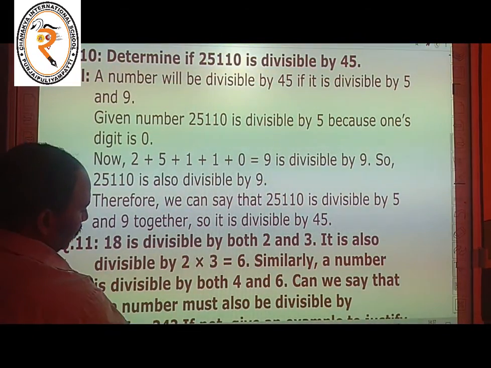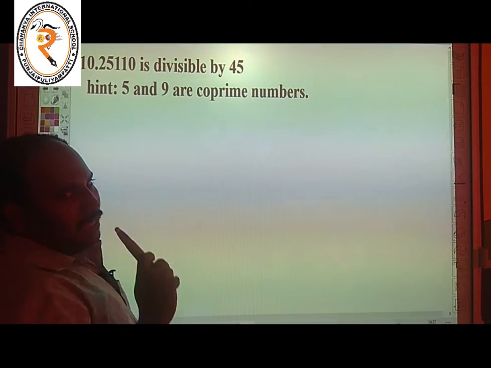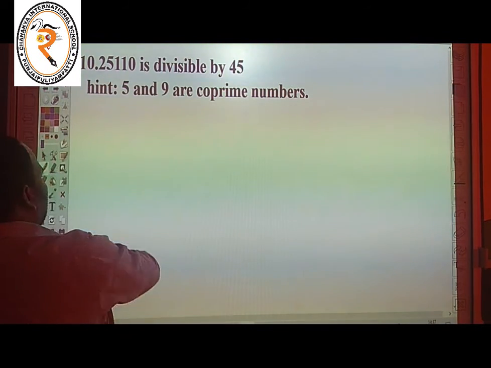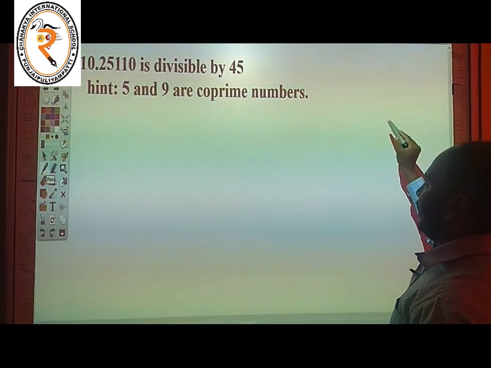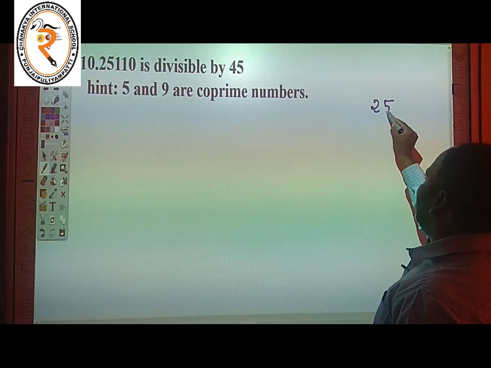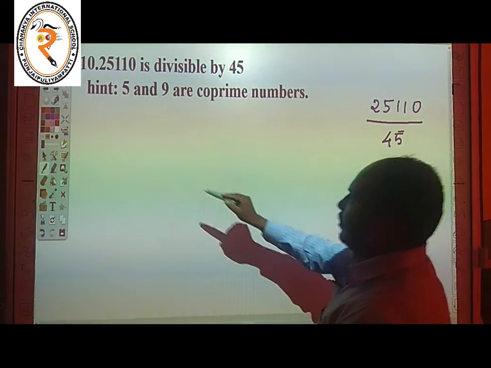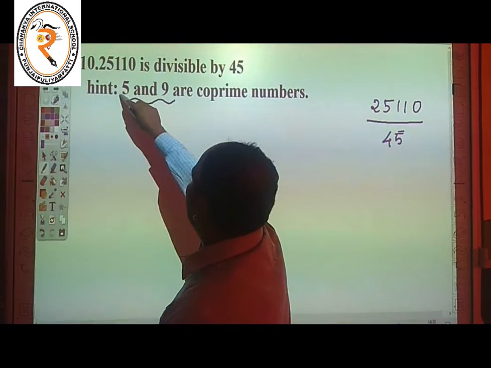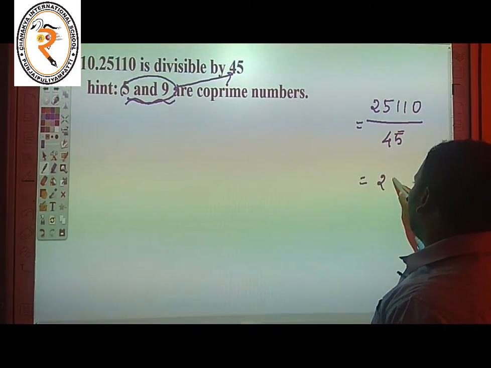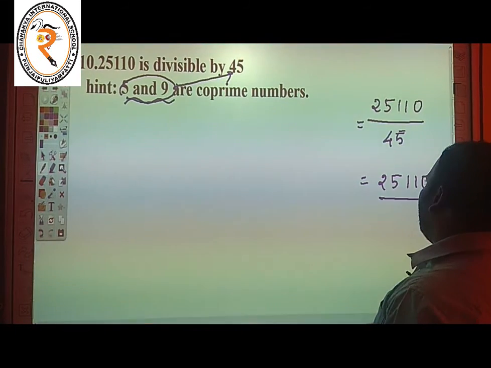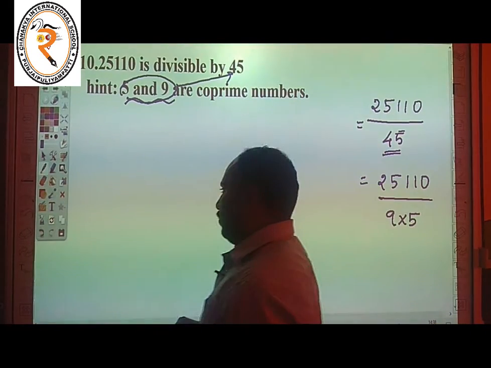Our hint is that 5 and 9 are co-prime numbers. 5 9s are 45. So we can write 45 as 9 into 5.